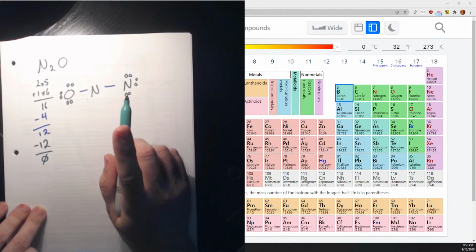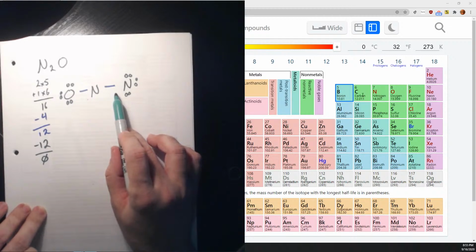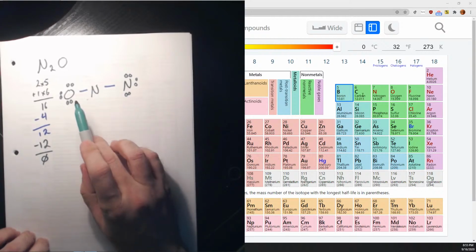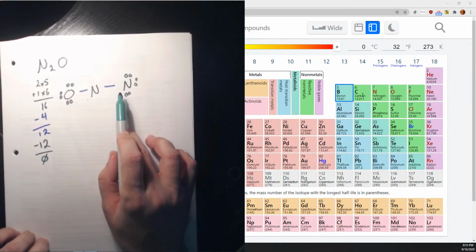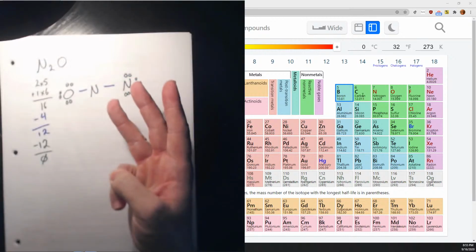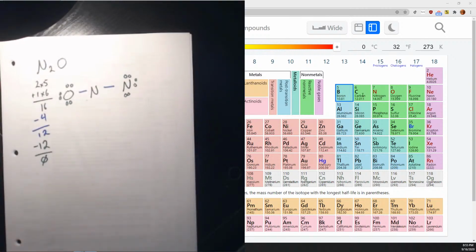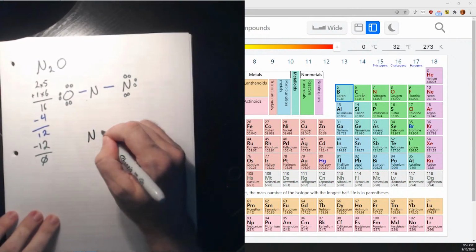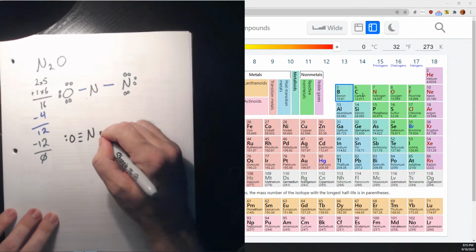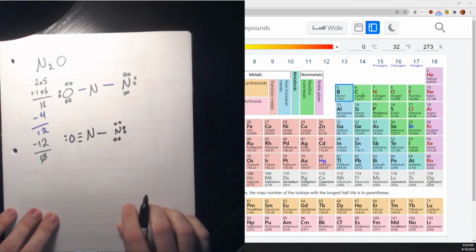But notice that these guys are no longer the same. So we can't just say, oh, well, it's going to be 2 double bonds, because the elements are different. Okay? So we have 3 possible structures coming out of just this one arrangement. One possible structure is nitrogen triple bond to oxygen with a single lone pair, single bond to nitrogen with 3 lone pairs.